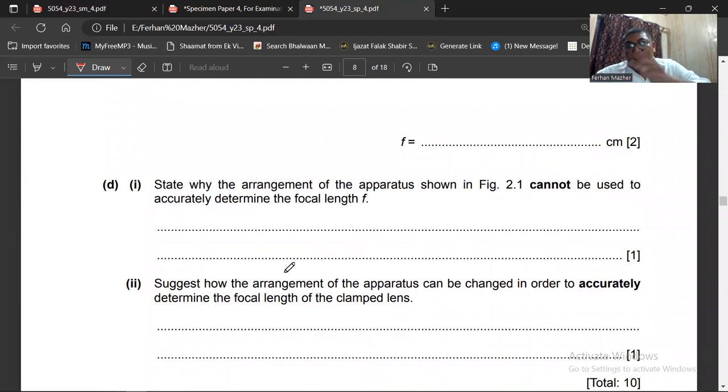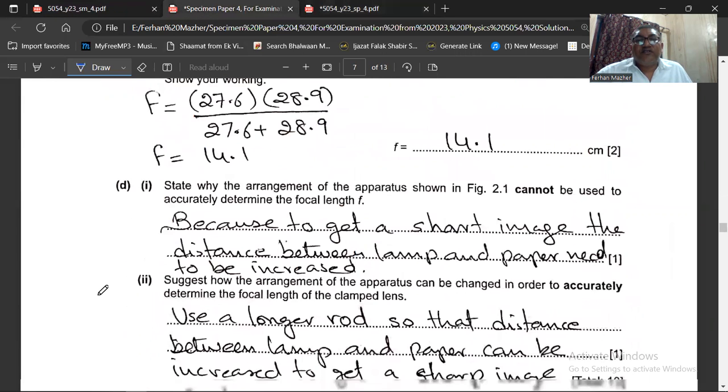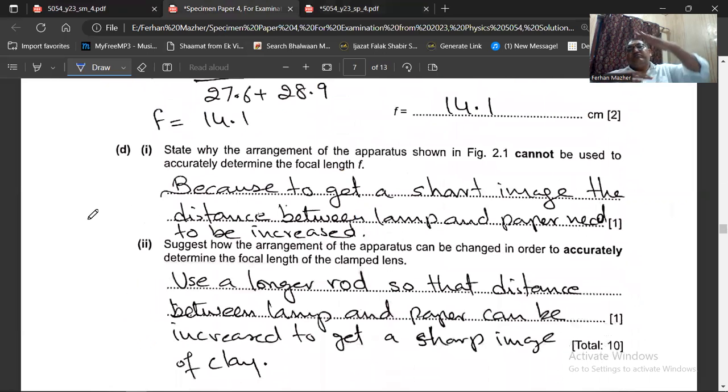To get a clear image, the distance between the graph paper and the lens should increase. Basically the distance between the lamp and the graph paper should increase. Then we might be able to get a very sharp image of the lens.